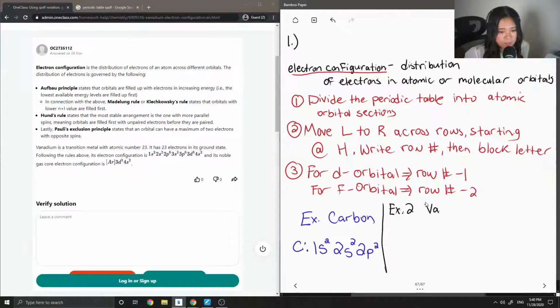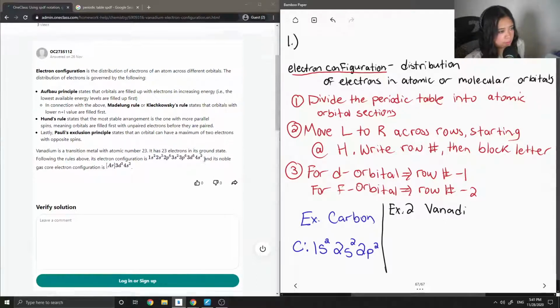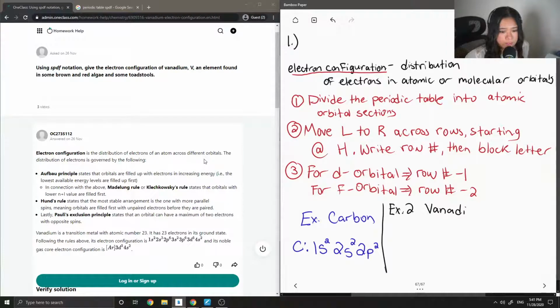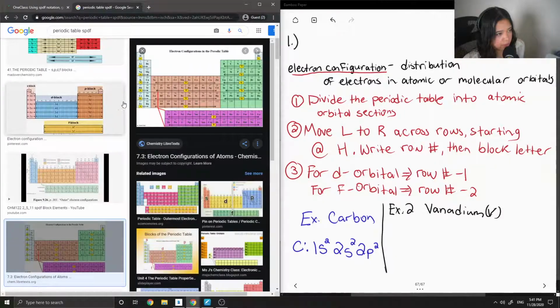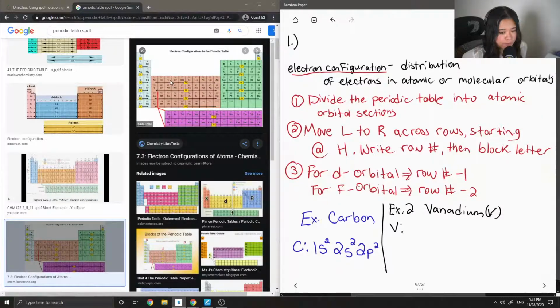Okay, so question 2 asks for vanadium. Okay, so again, let's look at the periodic table. And you can see vanadium is right here where my mouse is. And then we're going to do the same process we did for the carbon, starting from hydrogen and moving from left to right.